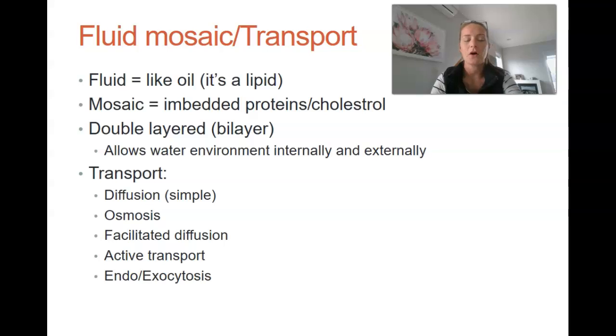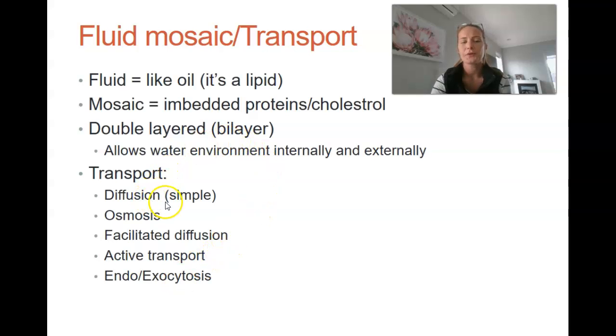Okay, other kinds of transport across the membranes that we need to be familiar with. I think we've talked at length about the first couple of dot points. So, other kinds of transport that we need to be familiar with. These are definitely ones that you need to practice recognizing and be able to draw simple diagrams to represent.